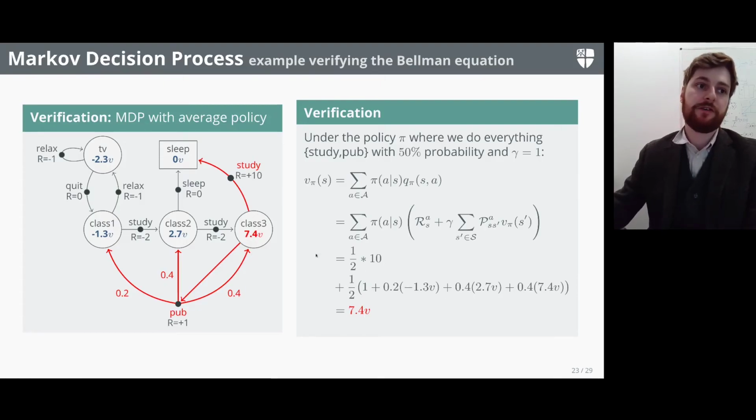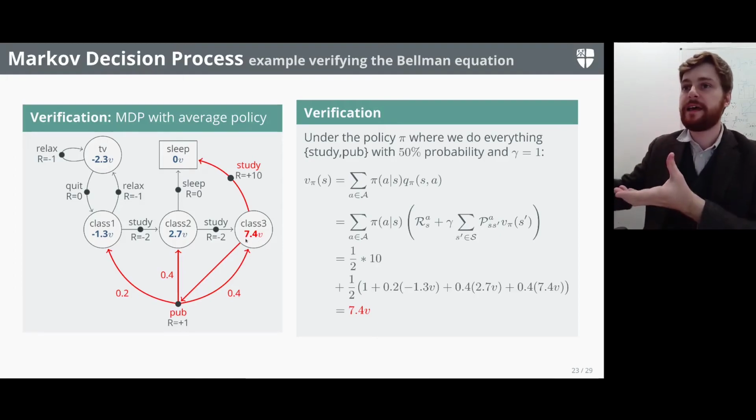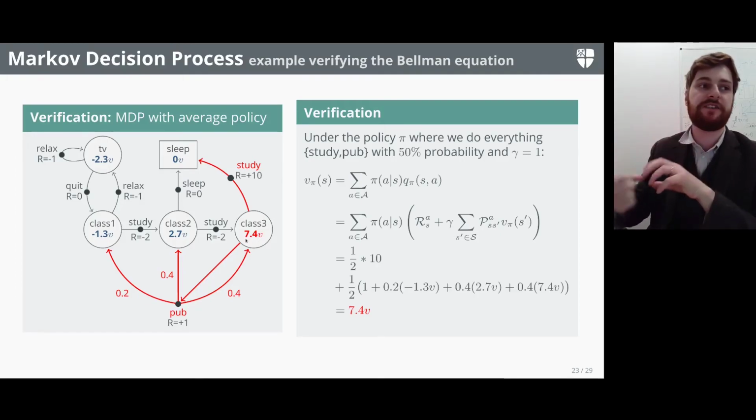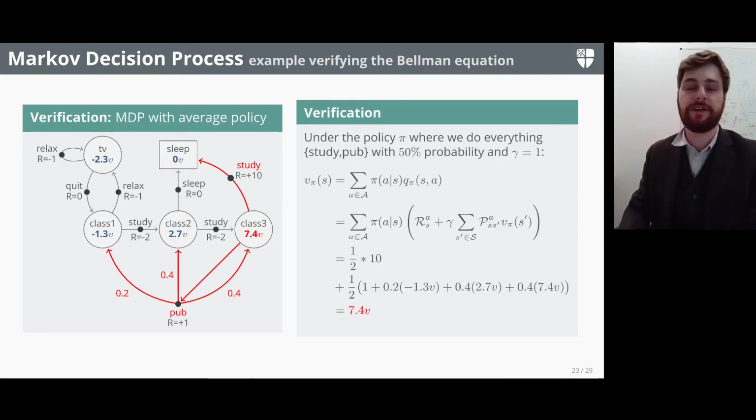And then when you add all of that together, so you've done this one-step look-ahead process, you get the final value, which is 7.4. So that verifies how we can use the Bellman equation with that one-step look-ahead, local bit of computation to compute the value function.